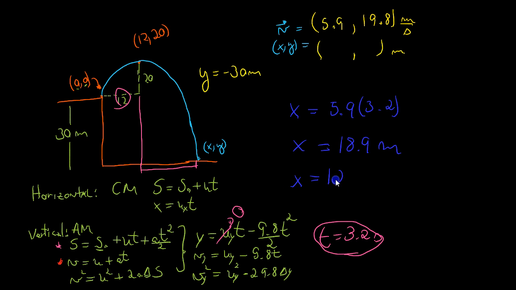So it's going to be 12 plus 18.9. Okay, so that's 30.9 meters. Let's complete our point here. So this is point 30.9 and negative 30 meters. All right.